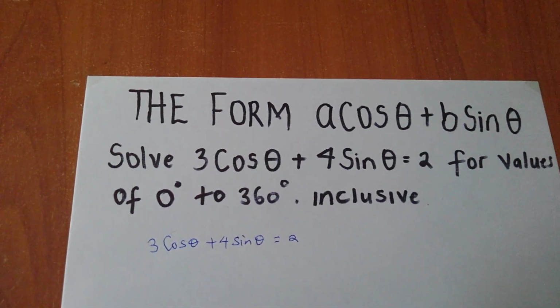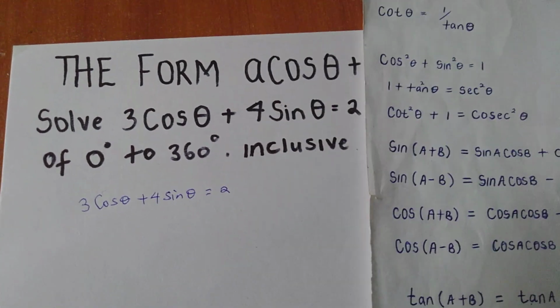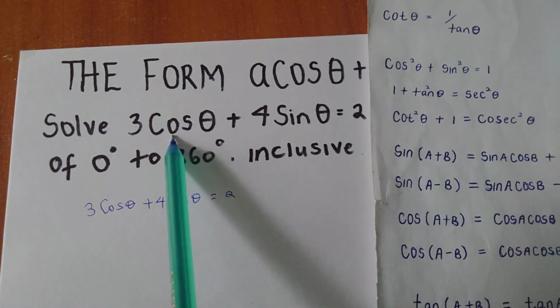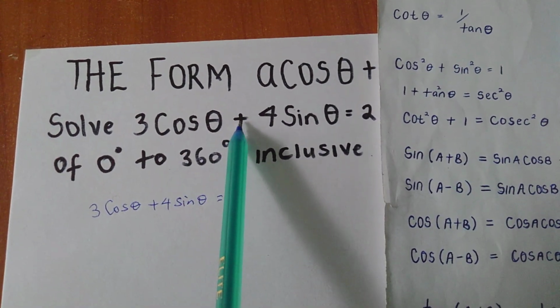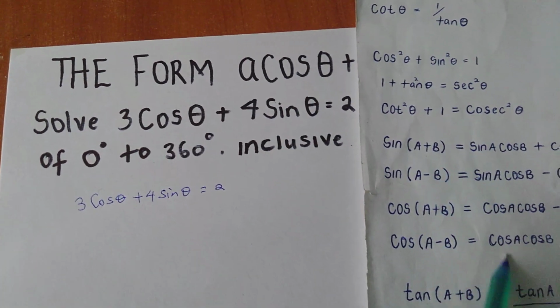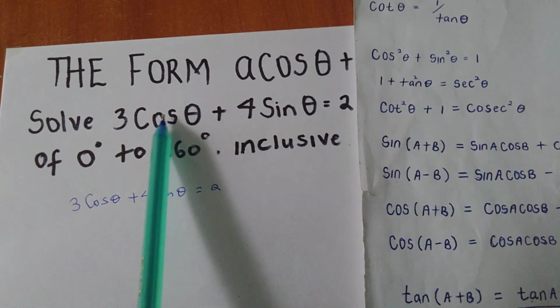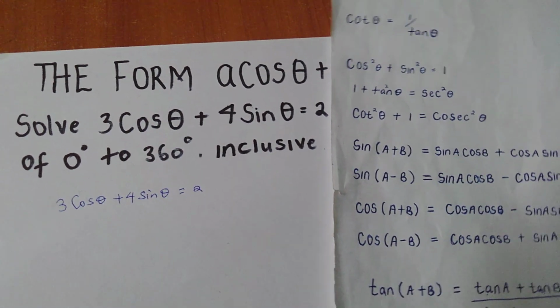Now from compound angle formulas, I'm going to show you what is best to be used. Since we have cos plus sine, when they are expanded, which relates to what we have? These are compound angles.